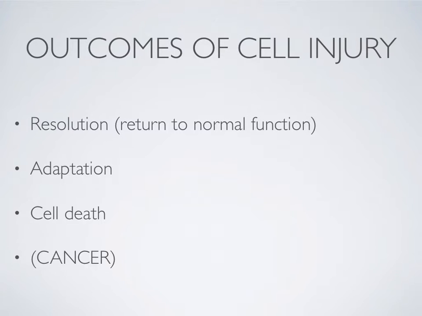And then I'm not going to talk any more today about cancer, but many forms of cell injury cause DNA mutations that are going to lead that cell down the path of cancer. So these two forms are reversible.